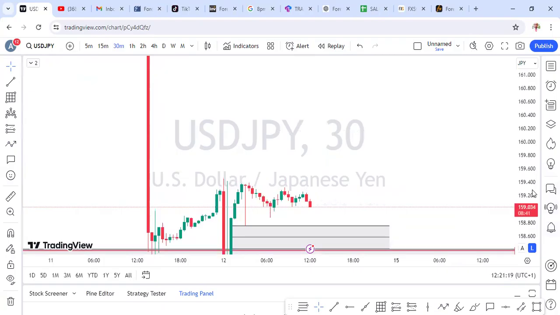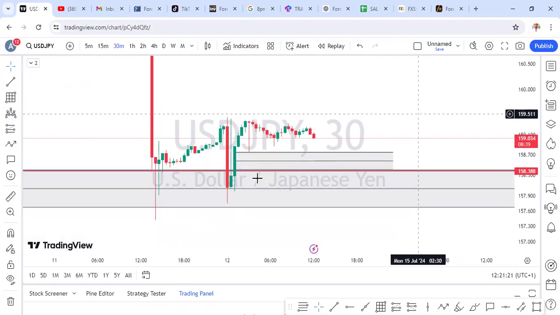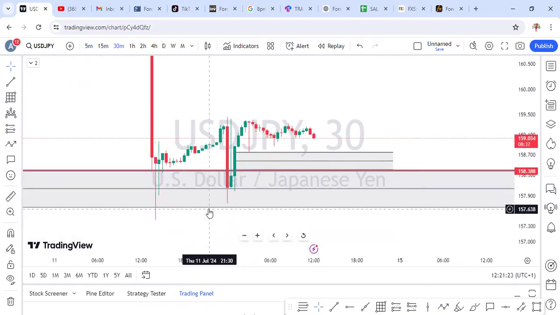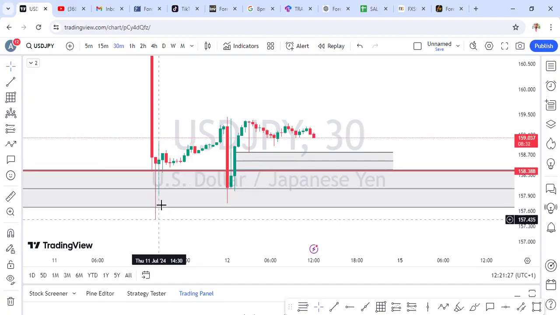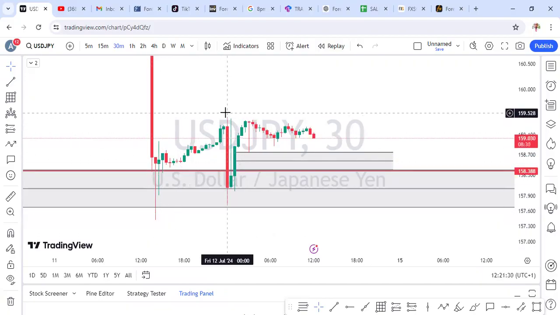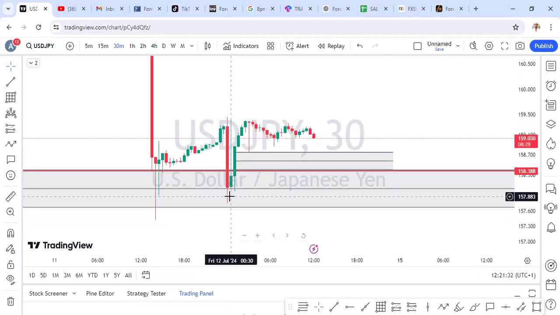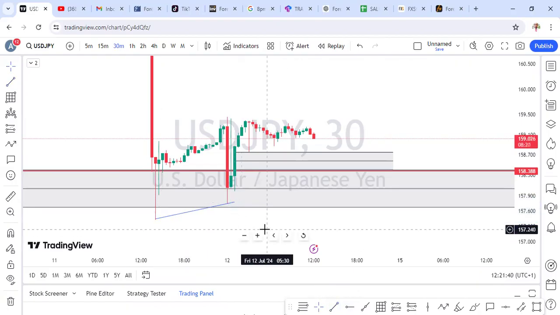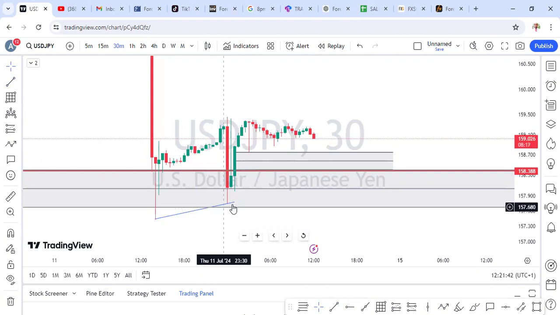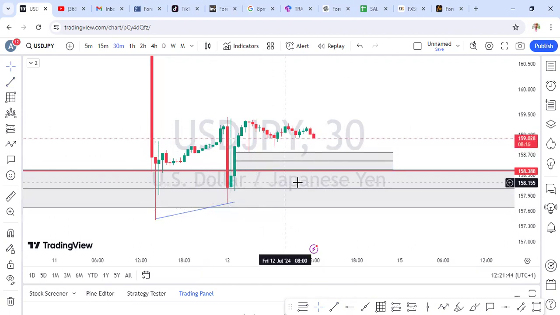So we can see now that UJ is not like GJ. We do not have equal low on UJ. We have this low, price came, then gave us this low. So now we can say we have a divergence, and we have a higher high now forming. I'm not seeing price coming back to take out this low again.